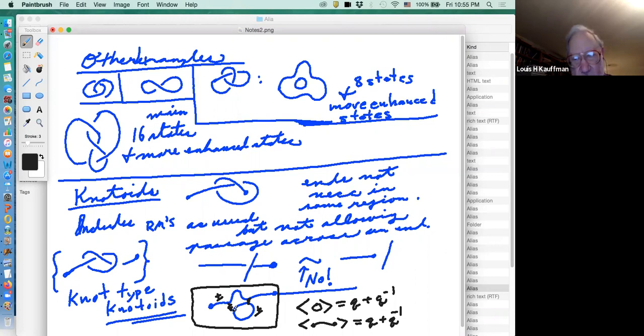You're just going to treat it as though it were a circle, but it isn't. You're only looking at this material in here, and you make a Khovanov complex in exactly the same way. And you have a Khovanov homology for knotoids. All right. And so you can calculate those as well and try out some examples with them. So let me digress for just another couple of minutes about knotoids, and then we'll come back to the real question, which is, how are we going to do this for virtuals?